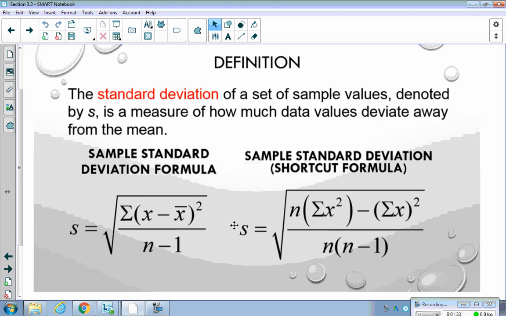Okay, standard deviation. Here's the biggie. There's the two formulas. They don't look too great. If it says 3.01, then you would round it to the thousandths.